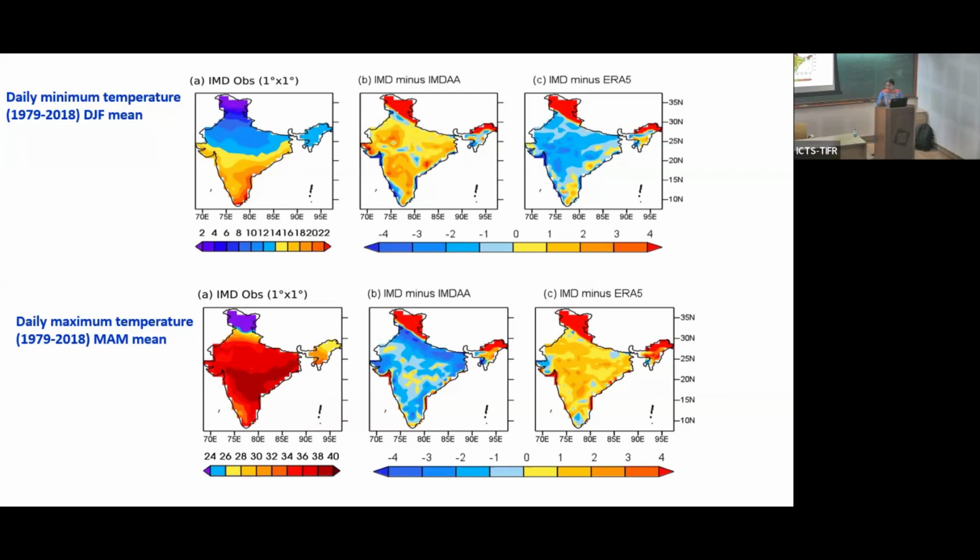So we have to make changes in the model development. That means this is one of the drawbacks that we got from the IMDA reanalysis, the surface temperature problem, so we have to address it in the model development.